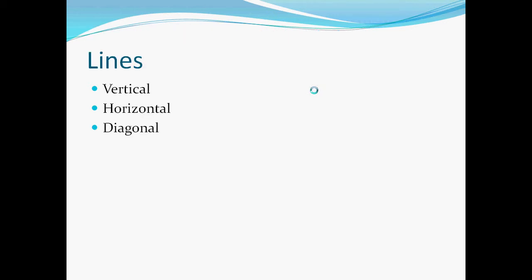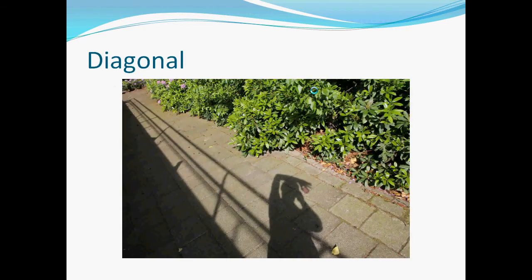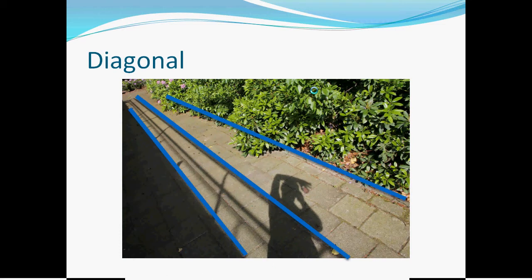So lines can be vertical, horizontal, and diagonal. And for a photographer, maybe diagonal lines are the most important one. Why? Because it makes a sense of movement. A picture is something static. It's two-dimensional. It has no movement, it has no depth.